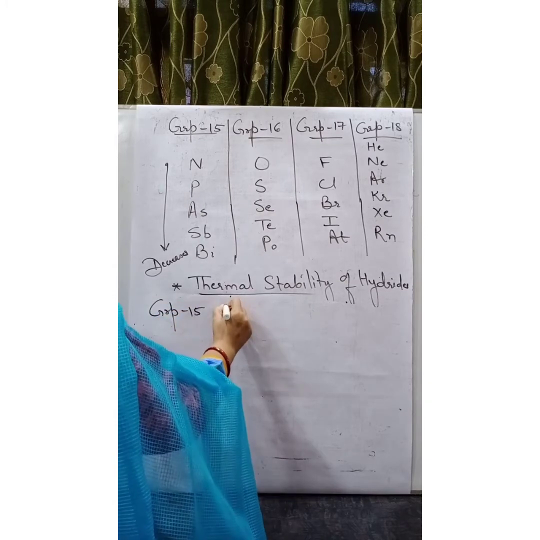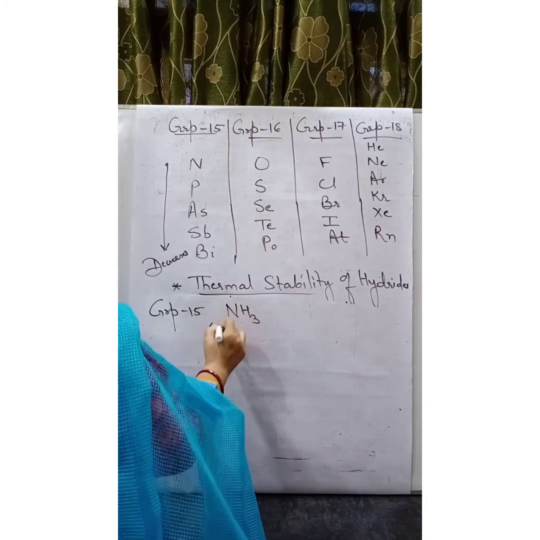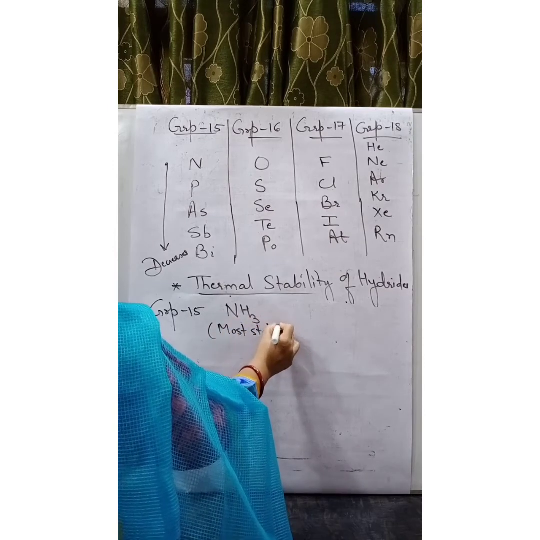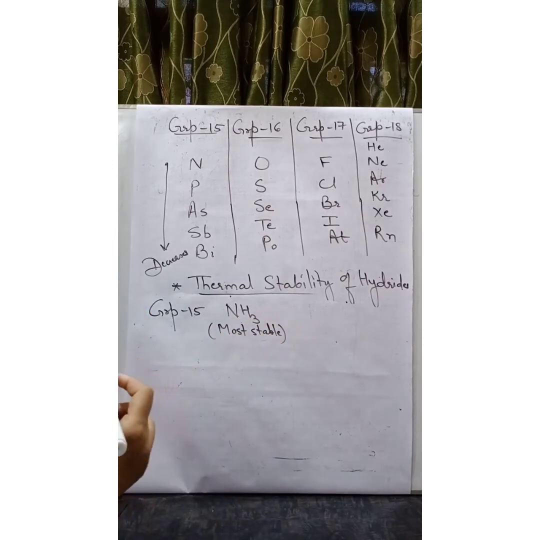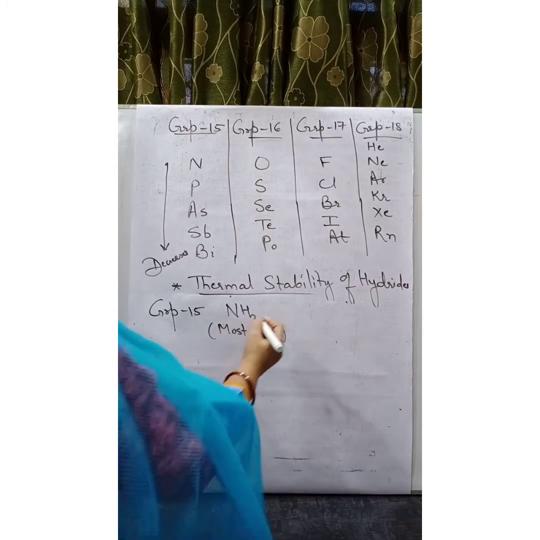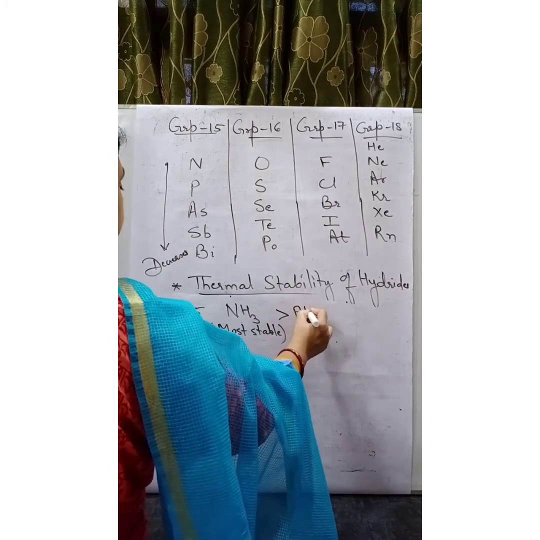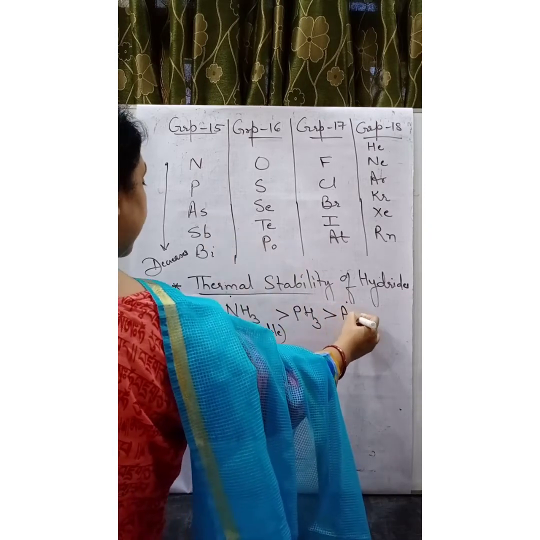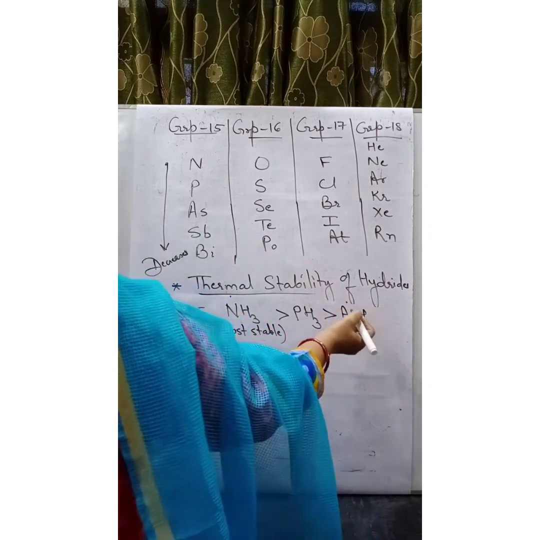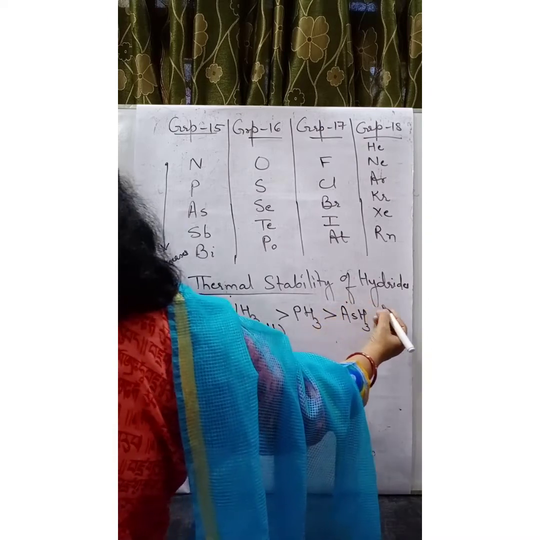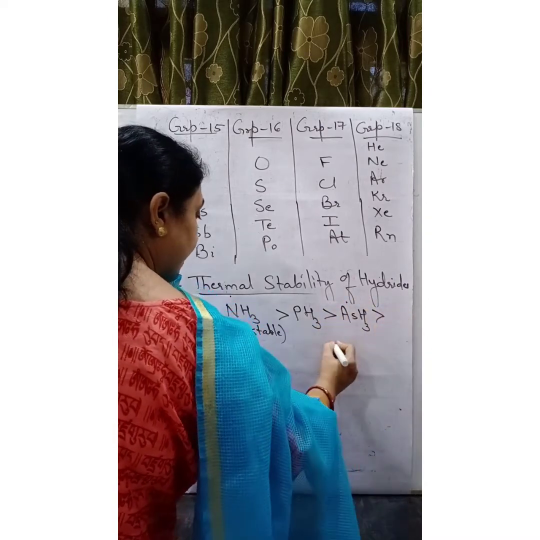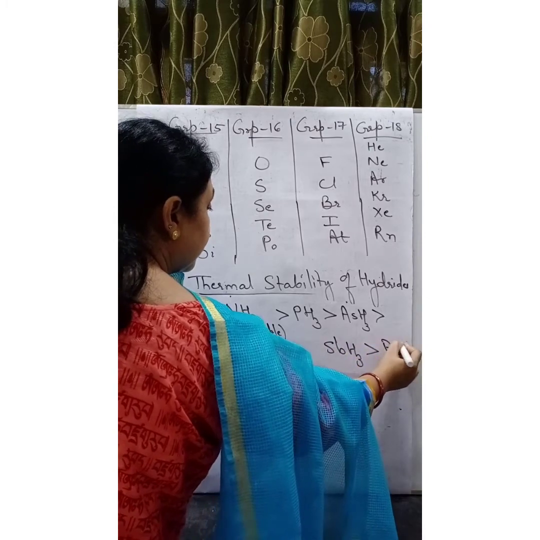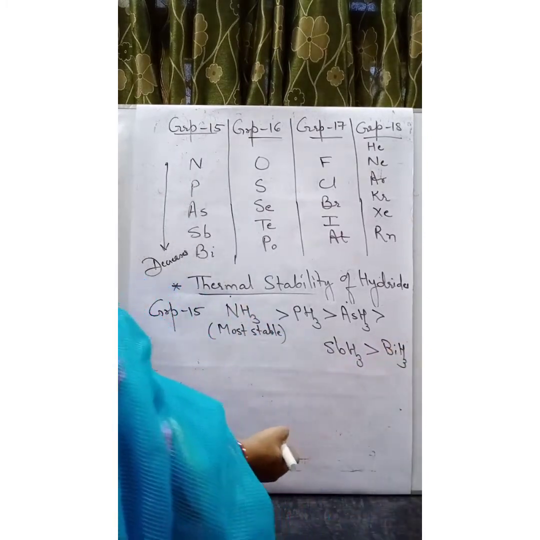So if I talk about group number 15, I can say NH3 is the most stable hydride. NH3 is greater than PH3, greater than AsH3, greater than SbH3, greater than BiH3.